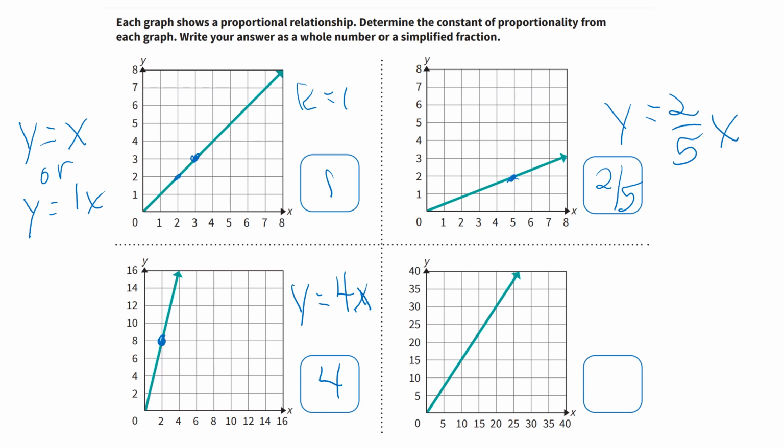And our last one, it goes through 15 over 10. Reduce that, and you get 3/2. So y equals 3/2 x.